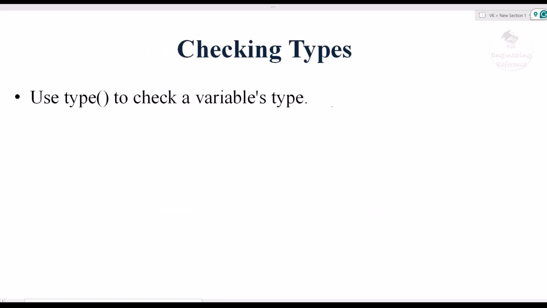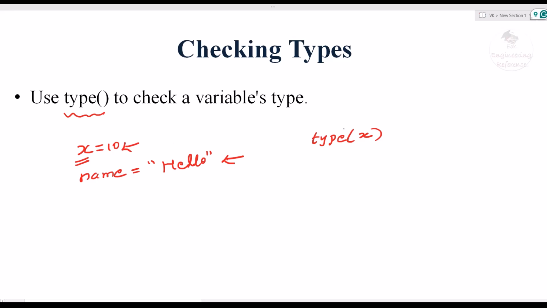So far we have discussed that an integer variable is defined like this, and a string variable is defined like this. But how do we know this is an integer value, this is a string value? We can use the function type. So type of x will return the type of this variable x.